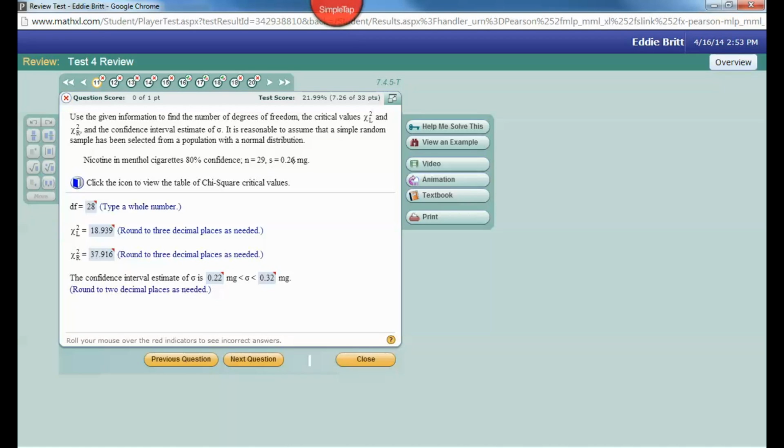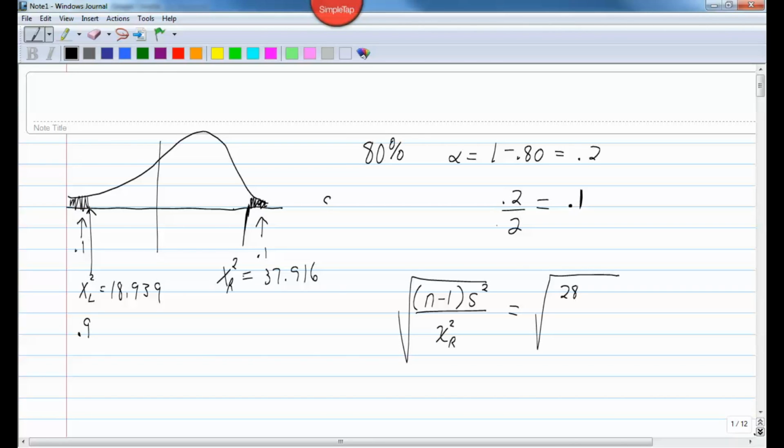If that's not given and you have a data set, then you just have to find it. All right, but s is 0.26. I'm going to write that down. S equals 0.26. So this is 0.26 squared over your right critical value, 37.916. This is going to give us the left endpoint of our confidence interval.